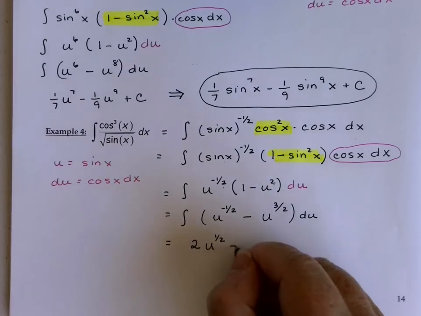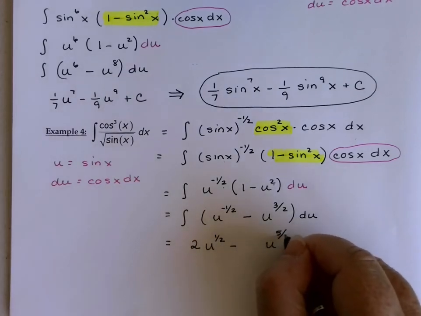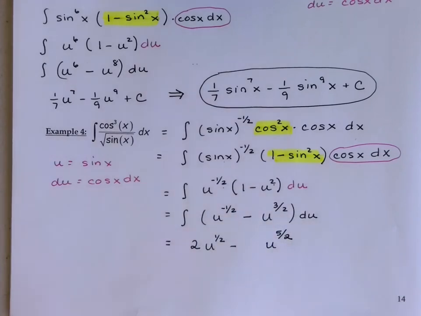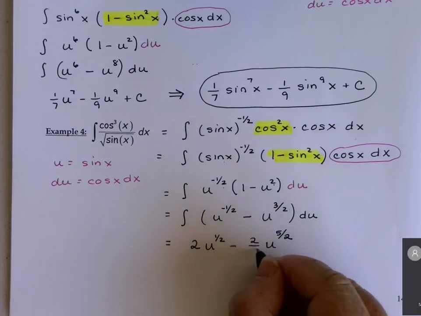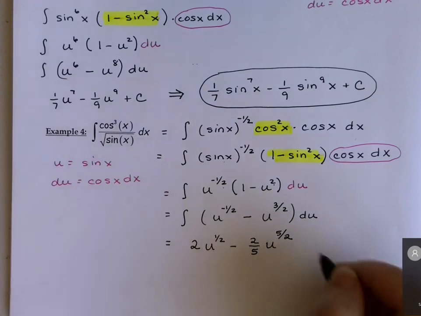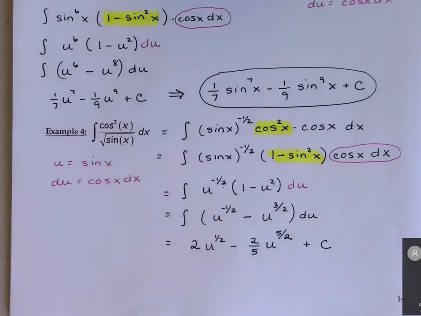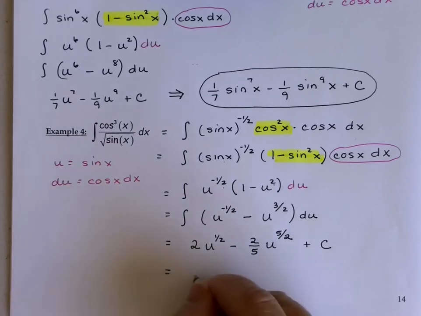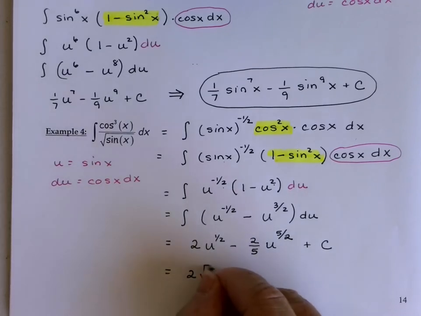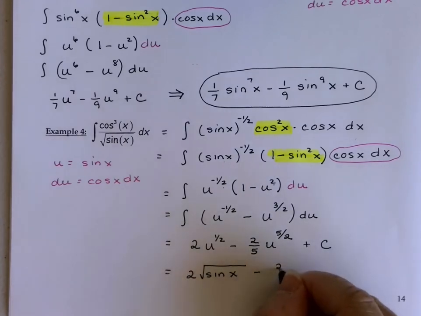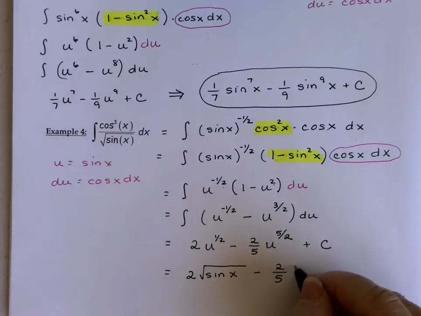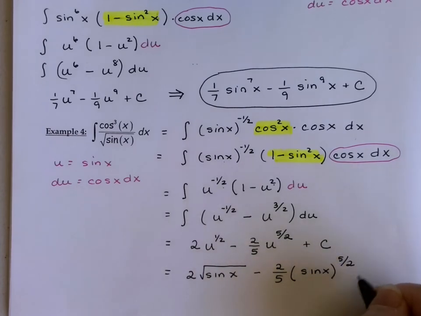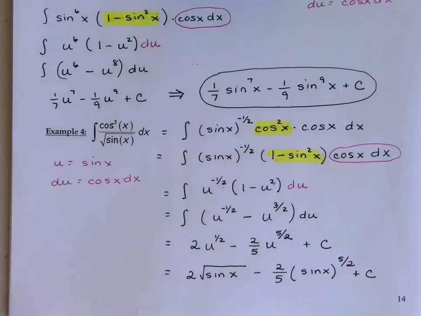Minus u to the 5/2, and again, instead of dividing by 5/2, I'll just write times 2/5 plus c. And then last step, u is actually sine x. So that's really a square root. 2 square root sine x minus 2/5 sine x to the 5/2 plus c.